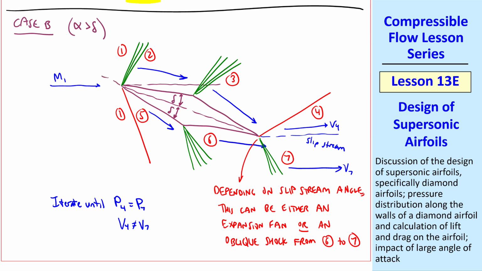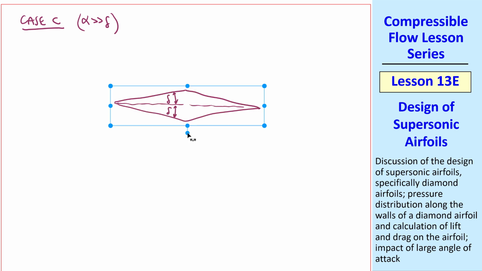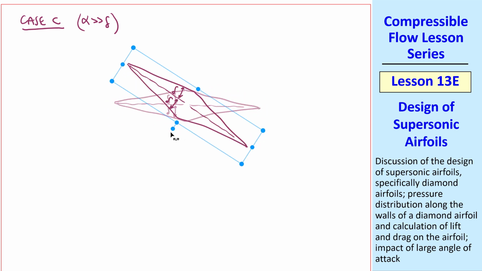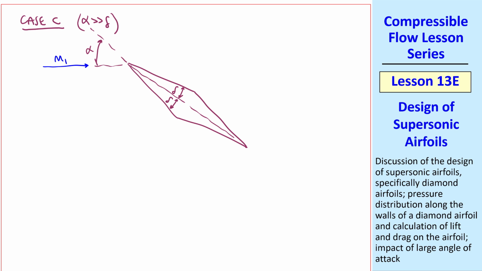And I realized here I forgot to label alpha. Alpha is the angle of attack, which here is greater than delta. Finally, case C, where alpha is very large compared to delta. This would be a very high angle of attack. Again, we take our diamond airfoil and turn it to a very high angle of attack, alpha being much greater than delta.